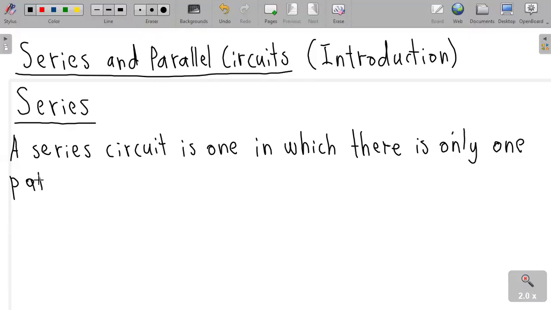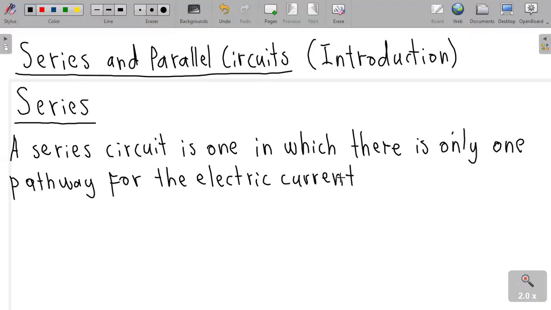There's only one pathway for the electric current. So this is what a series circuit is. There is only one pathway for the electric current, unlike the parallel circuit, because in a parallel circuit there is a lot of pathways.